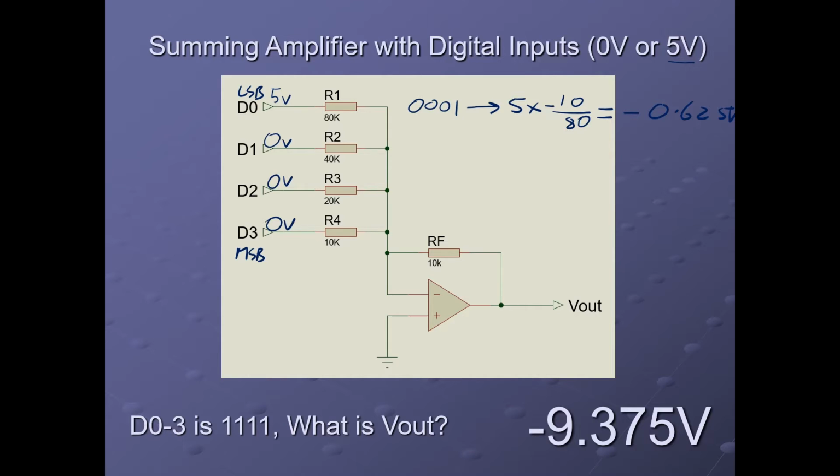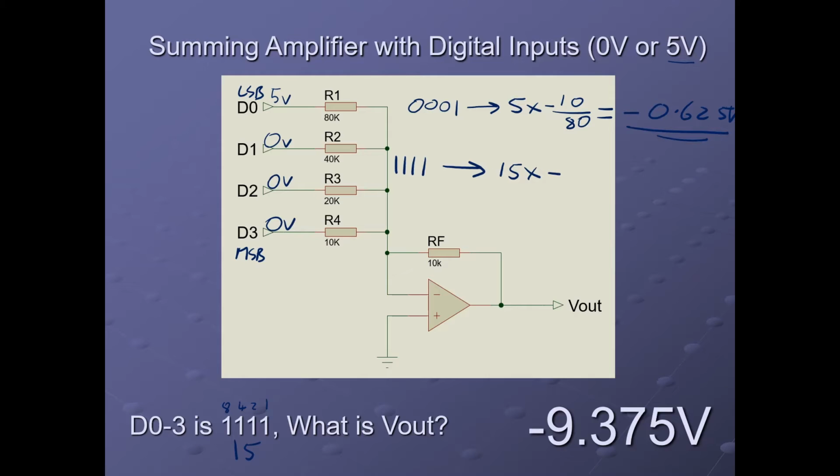So what would happen if they're all ones? Well, what does this number represent? That's a 1, 2, 4, and an 8, so this number is the number 15. If 0001 gives me 0.625 volts, then what does 1111 give me? It should be pretty easy to work out, because 1 gives me that, so 15 would give me 15 times whatever just 1 gives me.